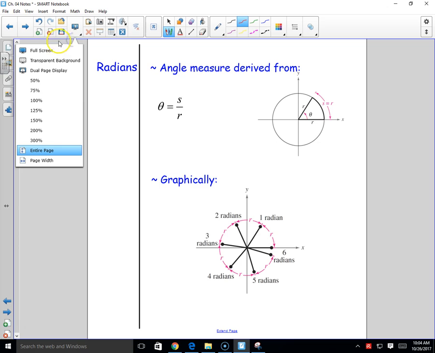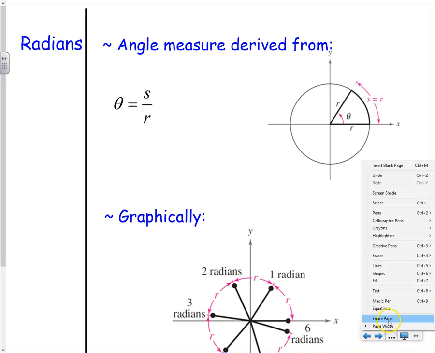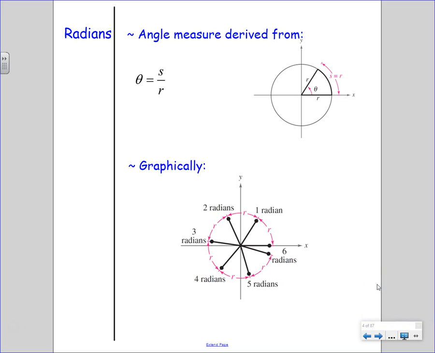Okay, radians. Let me give you a second. You don't really need to skip any lines, I don't think, but I think the pictures will be useful. What is a radian versus what is a degree?